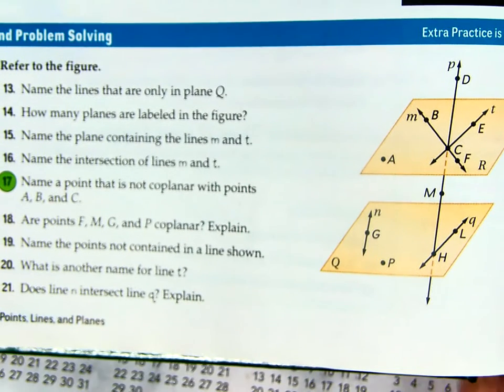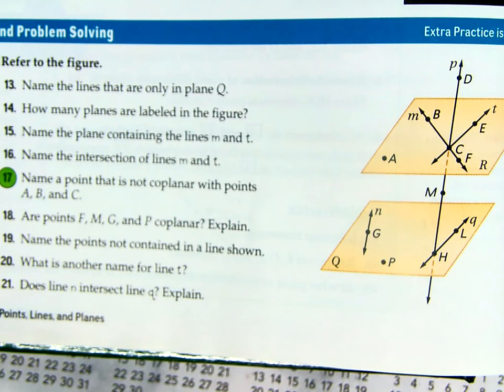Anybody else want to take a shot? Line N. Yeah. It's on a line. It's connected between 2 points. Can I take a shot? Sure. Which one are we on? 13. Okay.